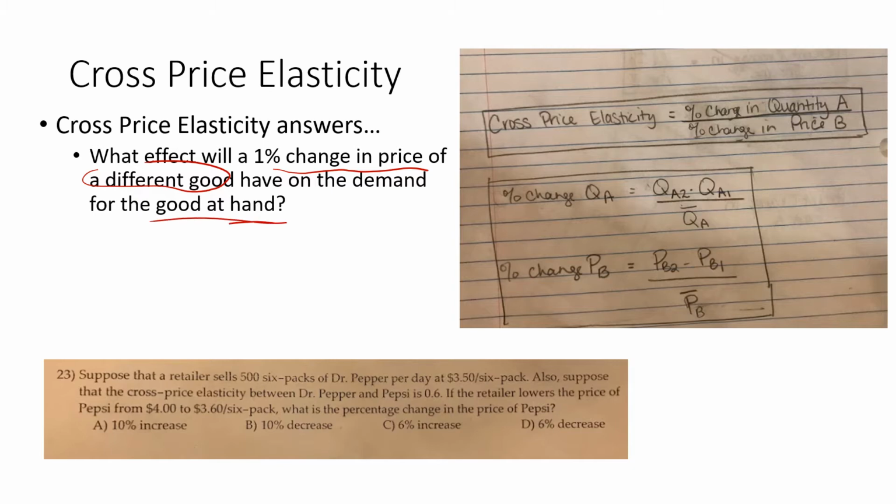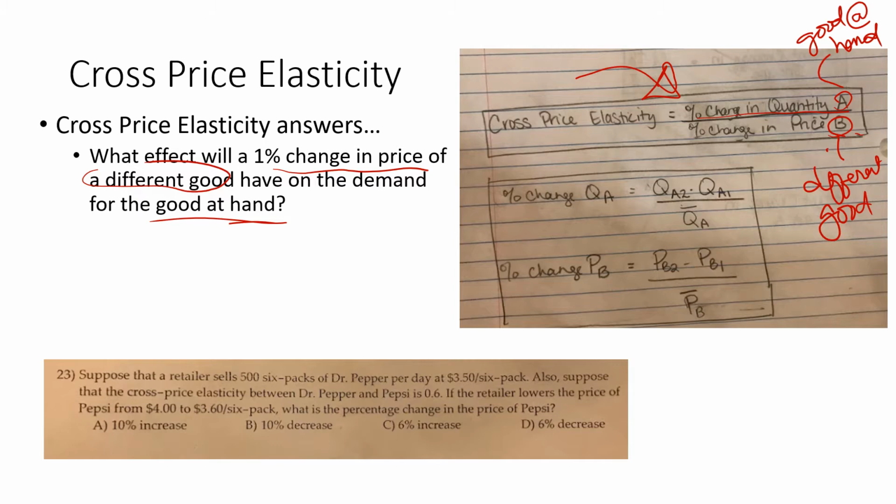So we're looking at the equation, and it's the percent change in quantity A divided by the percent change in price B. A representing the good at hand, and B representing that different good. The different good may be a complement good, it may be a substitute good, or it may be an independent good. And if you recall those definitions, well, we'll review those definitions shortly.